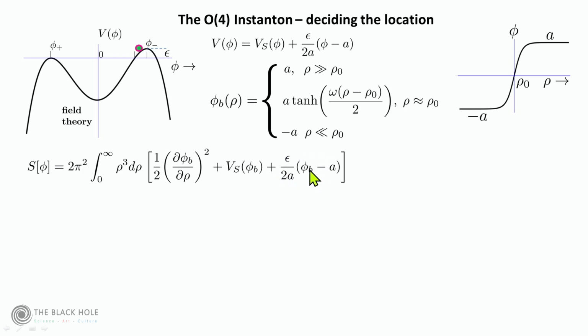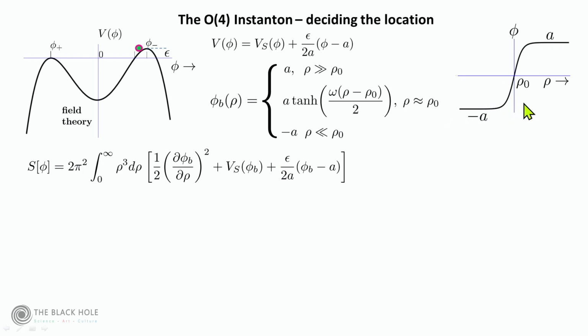You see that if phi b is equal to A, like over here, then this will be 0. If phi b is equal to minus A, this will be minus epsilon. So this term over here is minus epsilon on this side, 0 on this side.